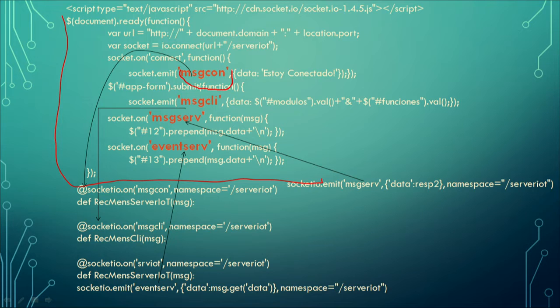We define a number of messages, for connection for example, and this JavaScript is sent, and at the end of the day, what we are going to execute is a function in Python that receives the message, which contains origin, destination, and what type of function we want to execute. And once it's in the Python environment, we execute everything we want, just defining the naming of the message and the namespace.